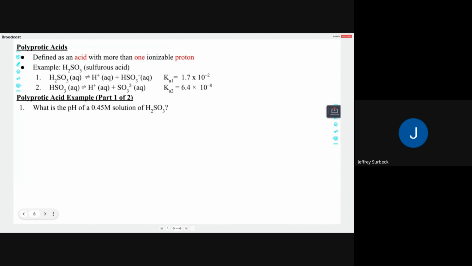They're both weak, that's why I chose sulfurous acid, and they have two Ka's. The first one with H2SO3 is referred to as Ka1. The second one, where HSO3 minus gives away its next H, is Ka2. Okay, so we will solve the final parts of this problem here. Questions?